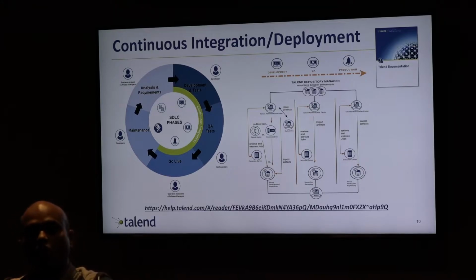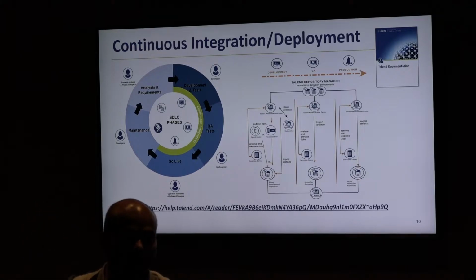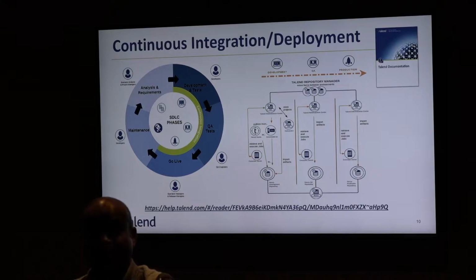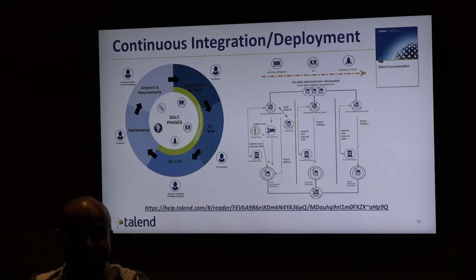They want to automate that process as much as possible. So they started with Jenkins, they created a task in Jenkins, and they installed everything like in a CI server. So you can do that if you want. That's a great way that you can use Talend, simply because we are a code generator. Though we are an ETL tool, we are just a code generator on the back end, right?